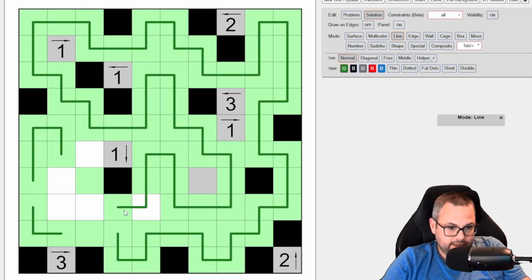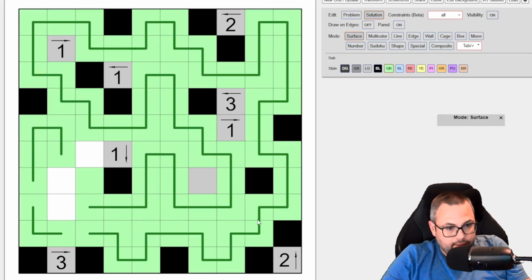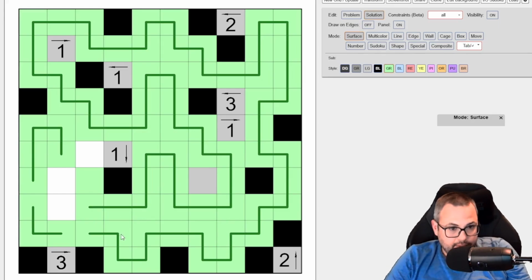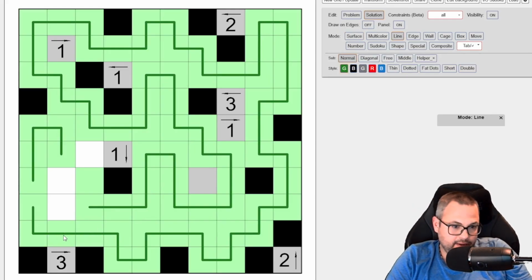Does force this line down here, over here. These get pushed out. These still can't join. Oops. Because they're still ends of the same mega loop, if you will.